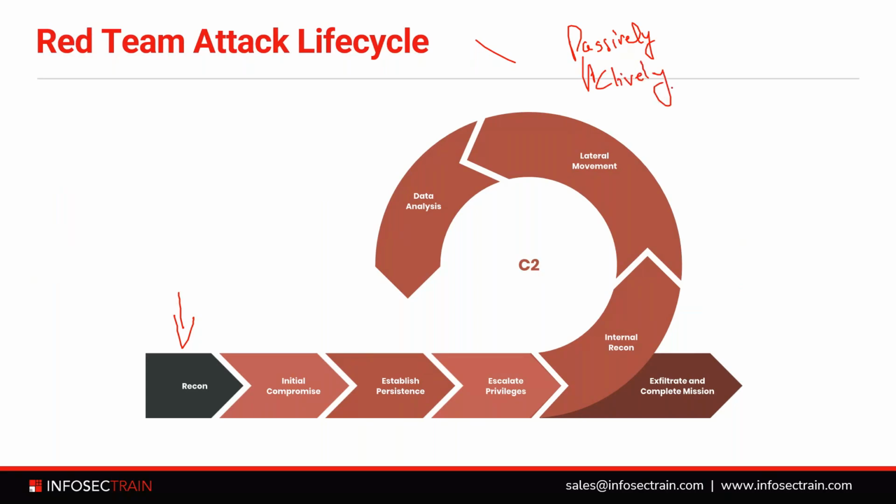Passively means that you are not interacting with the target, you are finding information which is available on public websites, or you are going through the network traffic. You are not interacting, so the target does not know that someone is gathering data about them, right? So if there is an organization InfosecTrain and you start gathering data about InfosecTrain on different websites, we'll never get to know that you are trying to gather the information, right?